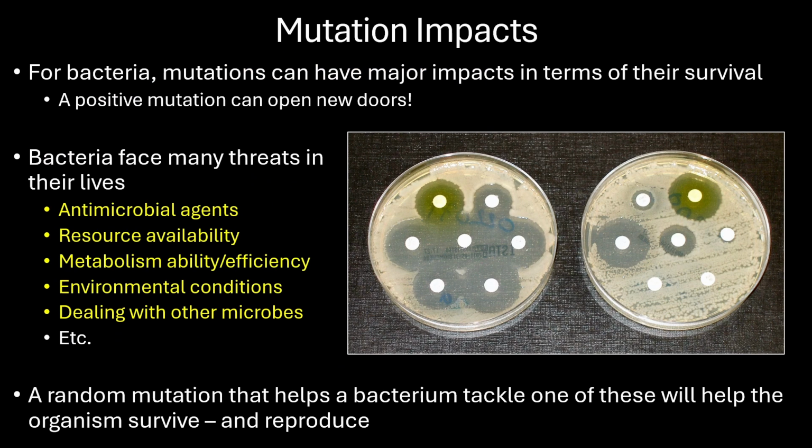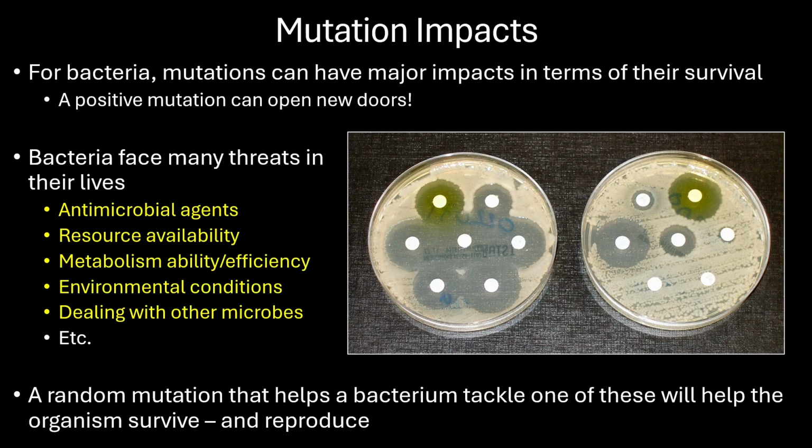For bacteria, mutations can have a lot of significant impacts in terms of their survival and reproduction. A positive mutation can open a lot of new doors for an organism like a bacterium, allowing it to live in environments that it wasn't really able to before, or survive on new resources that it wasn't able to before.